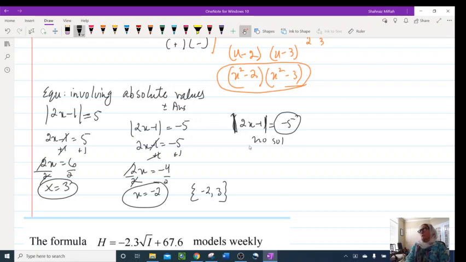So if you're telling me this absolute expression is equal to negative 5, that's not okay. There's no solution for it. You can get a negative answer, you can get a negative solution too, that's okay. But in the question, when you tell me this absolute value is equal to negative 5, no, it's not, because absolute value can never be negative. Distance can never be negative. Just a small, quick tip.